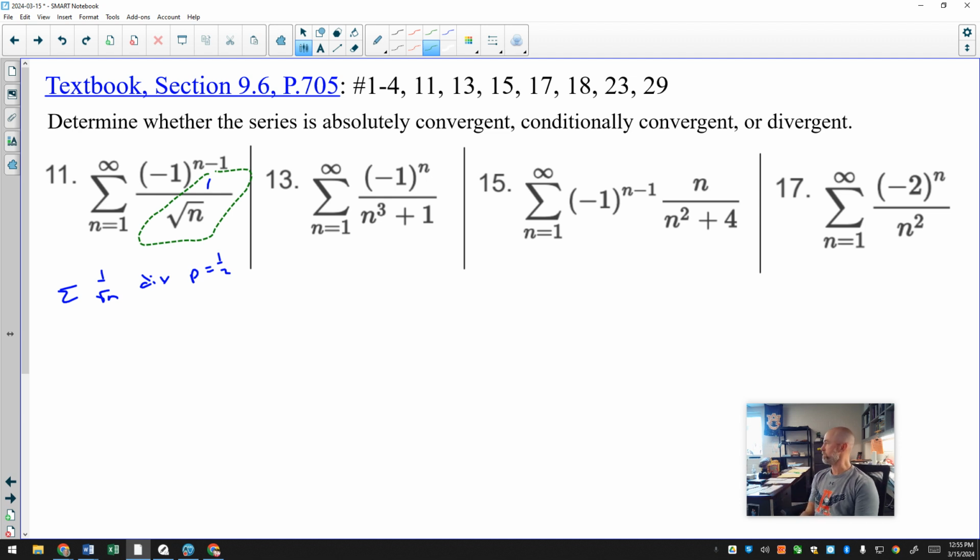And the answer is yes to both of those. Once you get the hang of these, some of these are going to be very quick mental problems, because that does approach 0 and it decreases. Therefore, 11 would be conditional convergence.